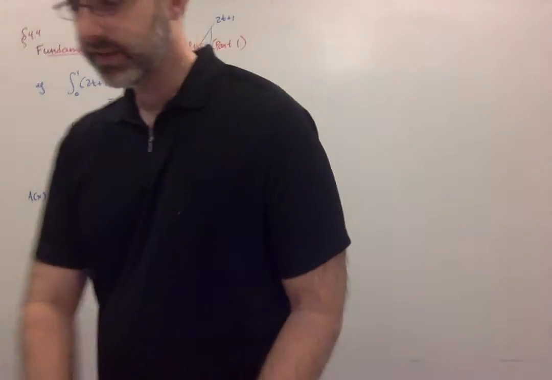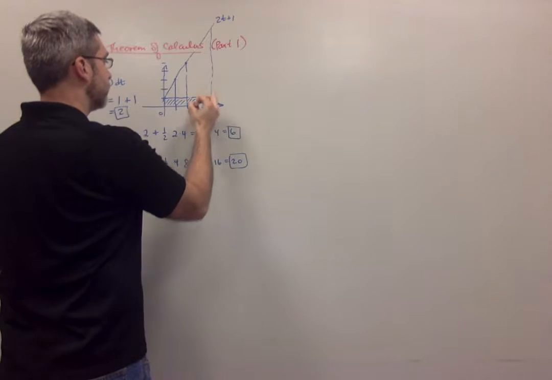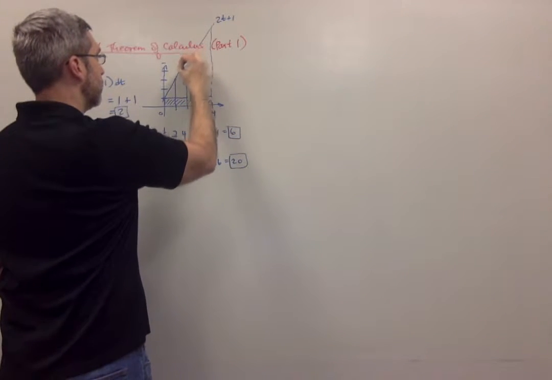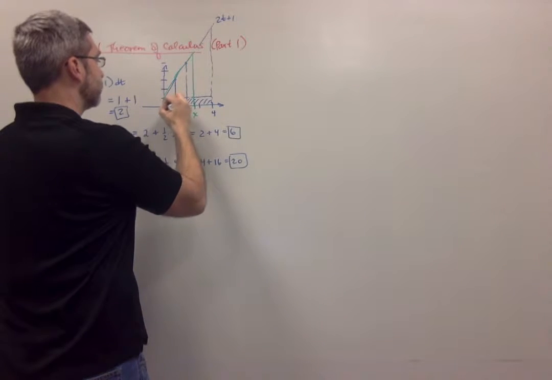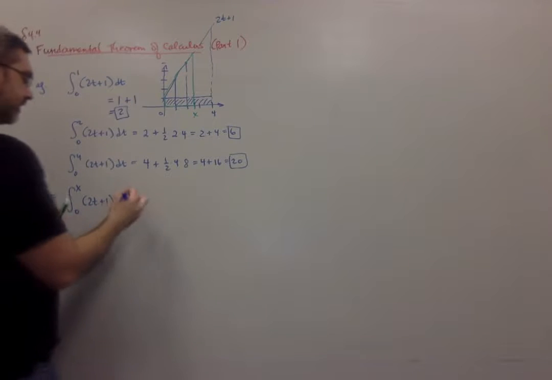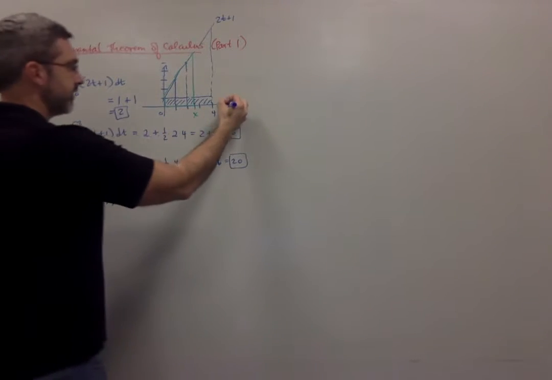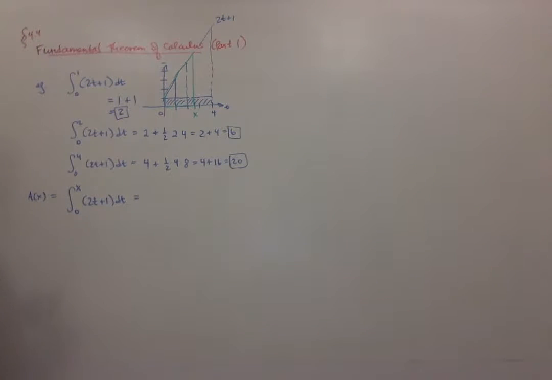So if I wanted the area from 0 to some amount x underneath this function, I want that area right there. It's still going to be, notice that I had to use a different variable than what I have as my general variable here. Those mean different things. That's why I'm using an x here and not an x here.